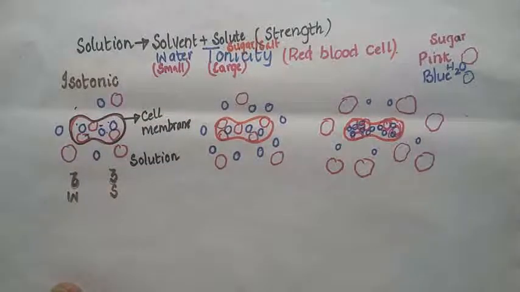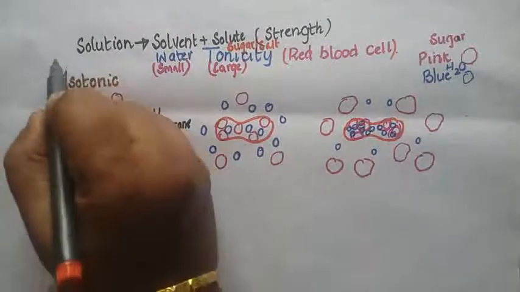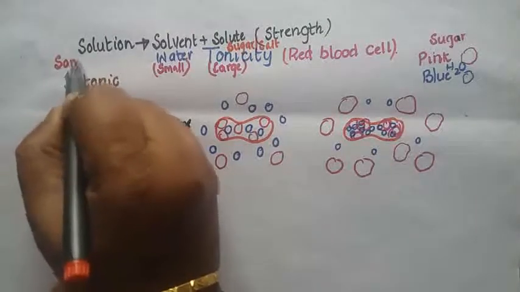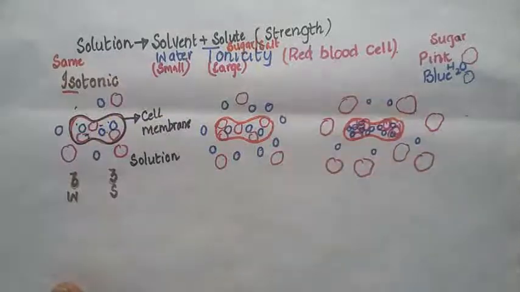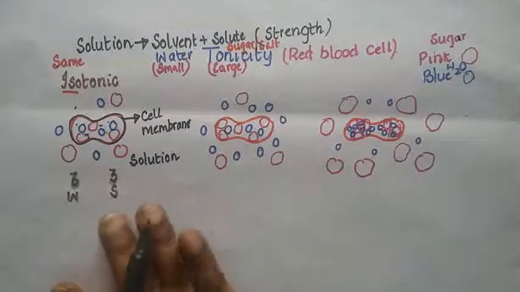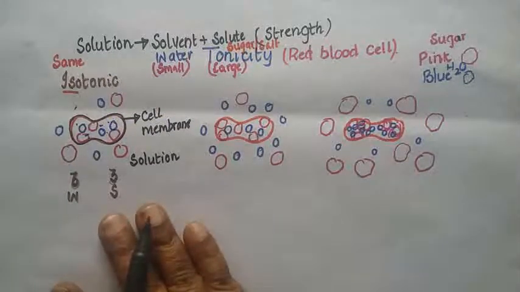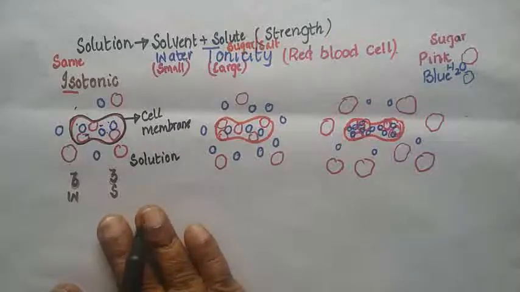Children, what is the meaning of iso? Iso means same. Tonic represents the strength of the solution. So such a solution is known as an isotonic solution. So what is the meaning of an isotonic solution?